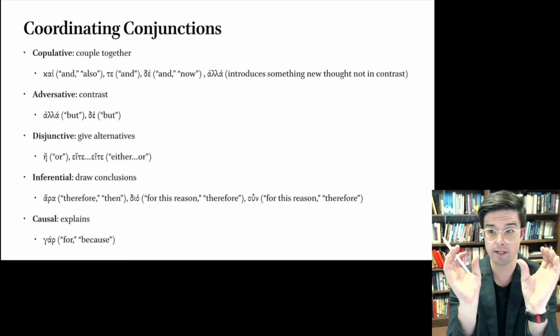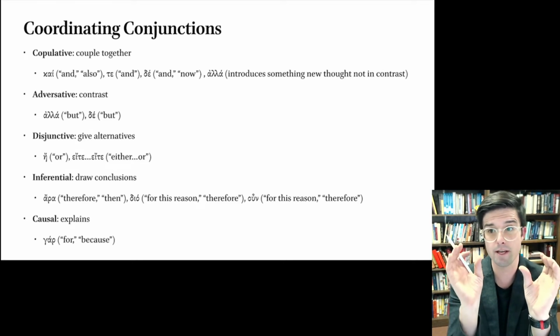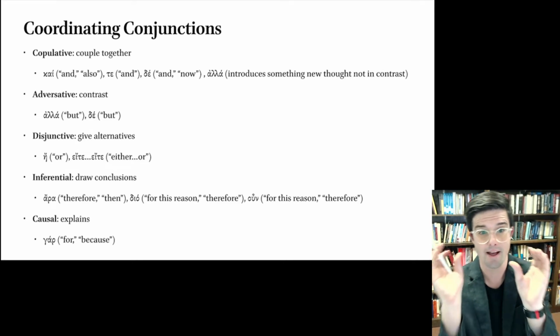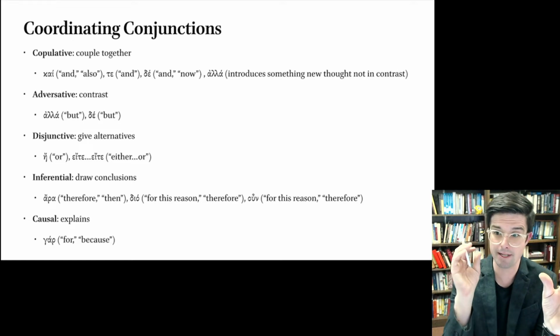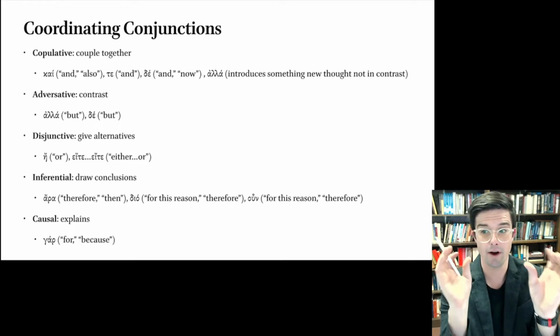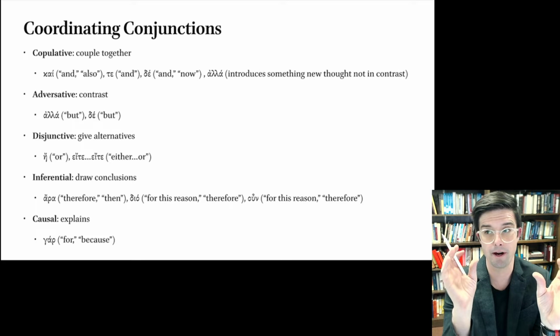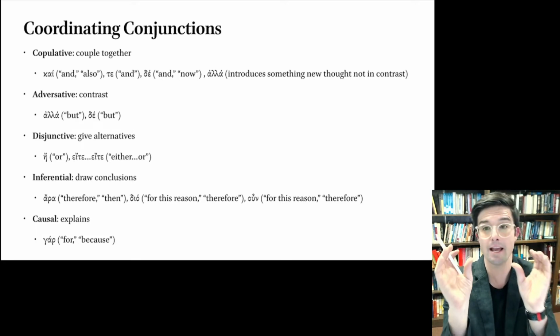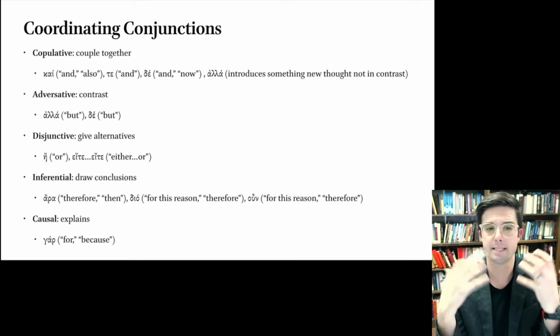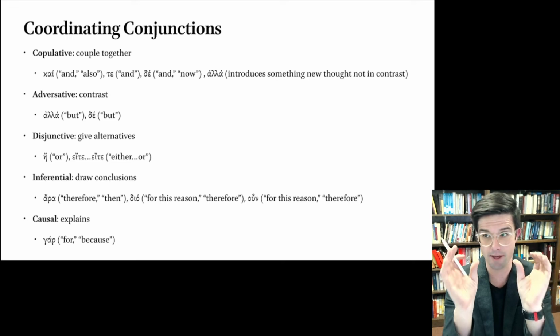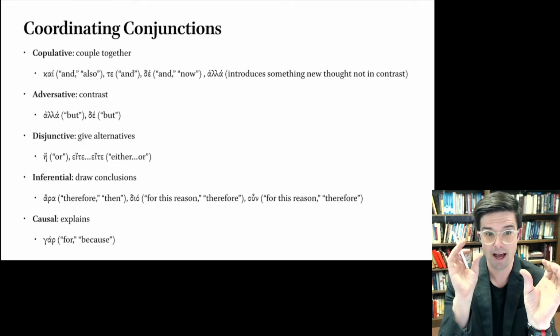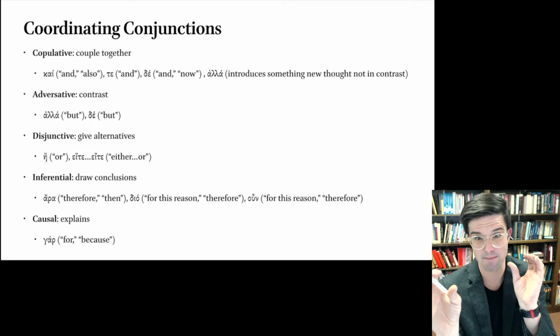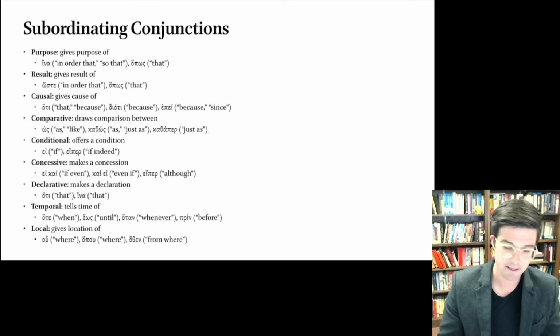With an inferential conjunction, the two things are still of equal weight: this thing happens, then this thing happens, or this thing happens, and therefore this thing happens. They're of equal weight, but they're connected in an inferential relationship. And similarly, in a causal relationship, the things are even: this happens because this happens, or this happens because this happens.